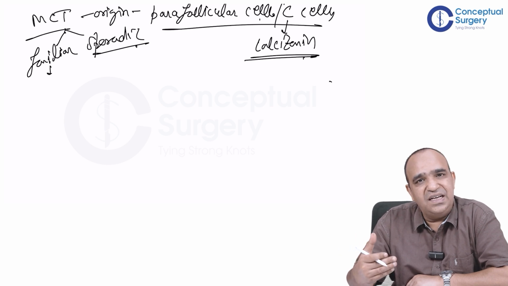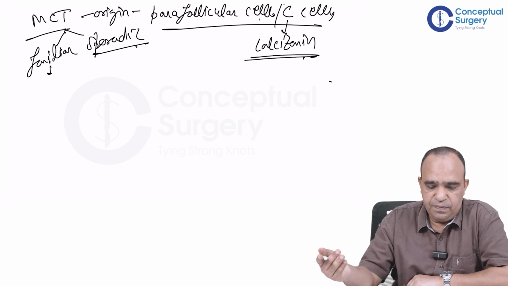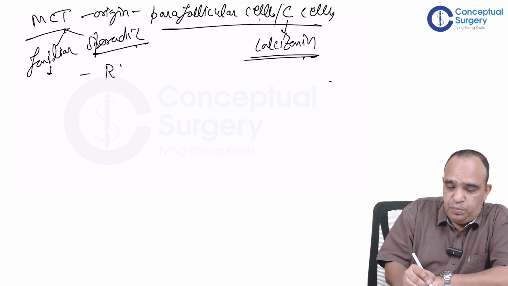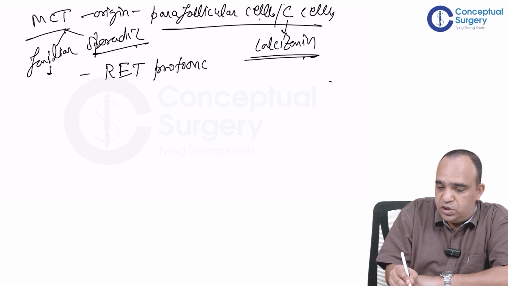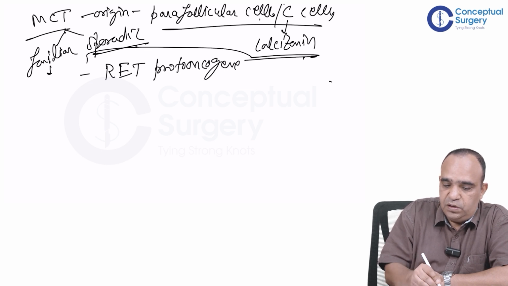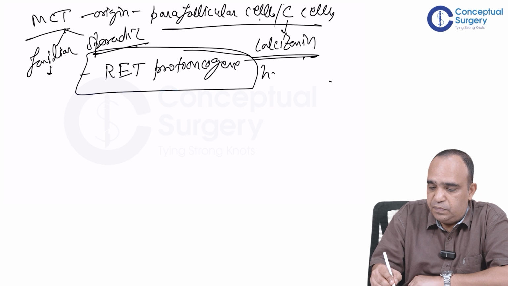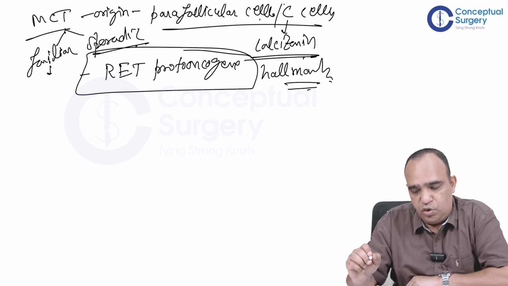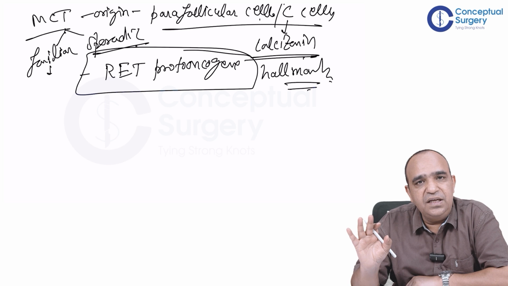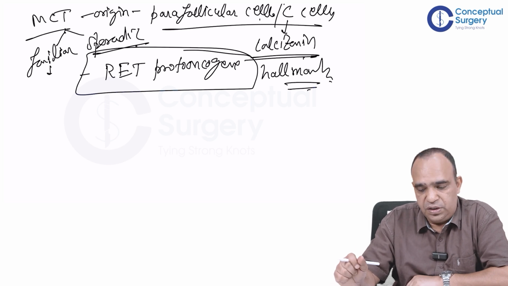Sporadic is less aggressive, old age, better prognosis. Familial has a poorer prognosis. Now, second most important point you should know is RET proto-oncogene mutation. It's the hallmark of medullary carcinoma.